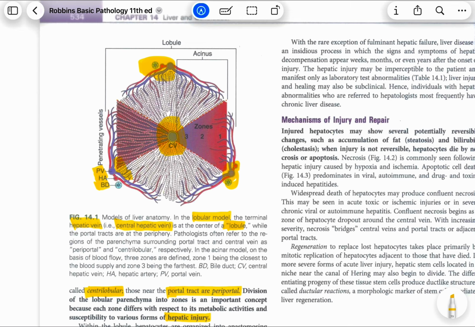In the acinar model, on the basis of blood flow, there are three zones: zone 1, 2 and 3 respectively. Zone 1 is the closest to the blood supply, and zone 3 is the farthest. Here we have the blood supply and zone 1 which has the highest blood supply. What is the significance of dividing this parenchyma into three different zones, we'll see.